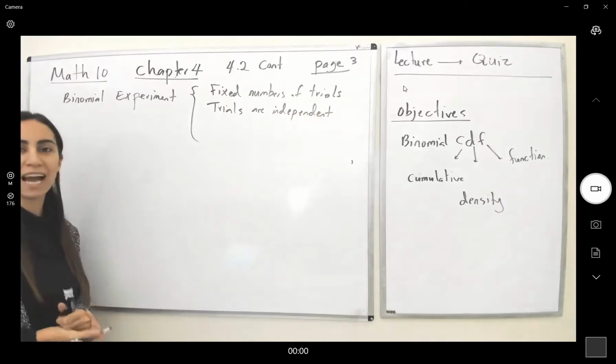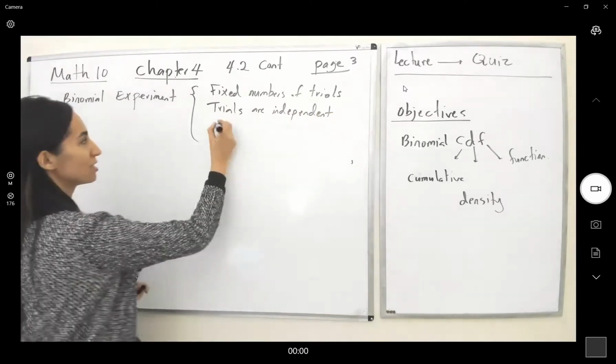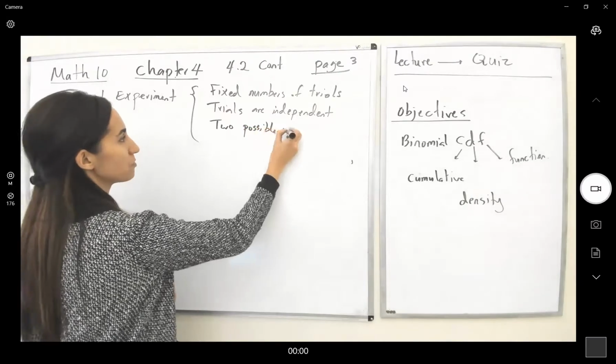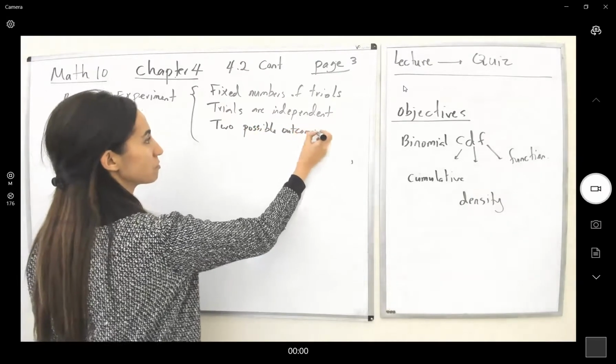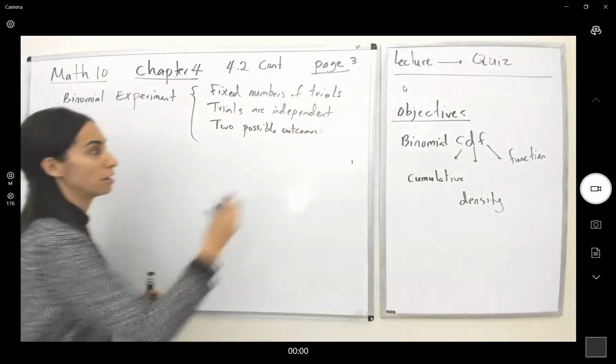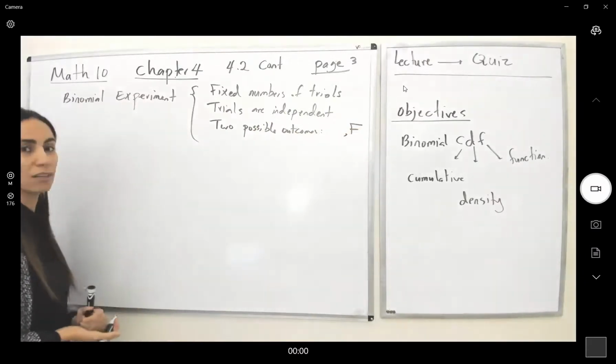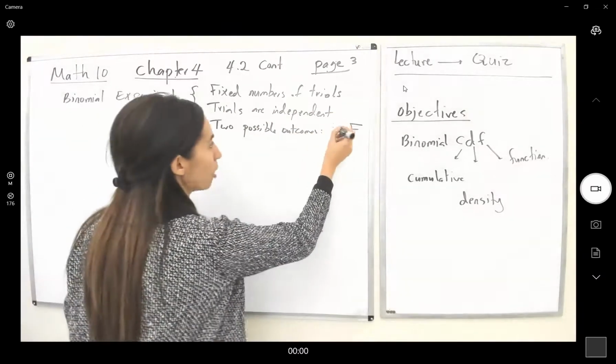Well, you only have 2 possible outcomes. It's either a failure outcome or a successful outcome.